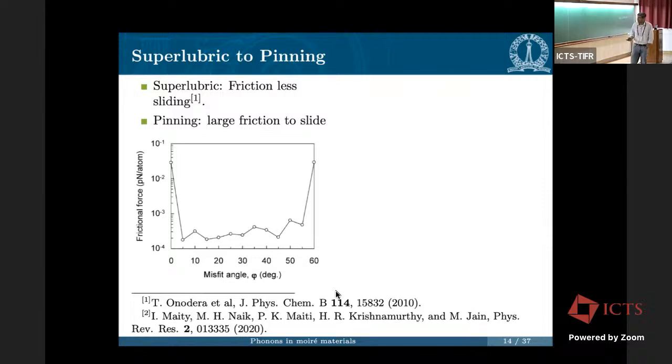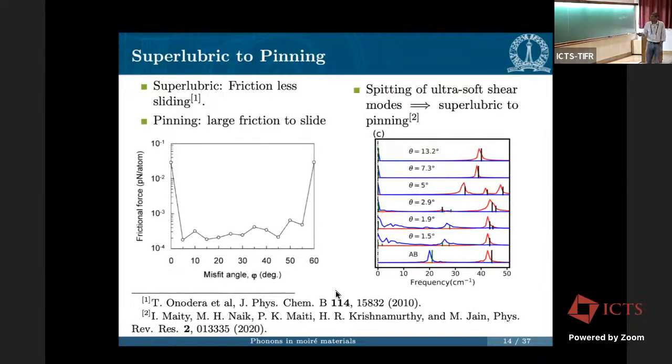So we think that this is related simply to the fact that once these shear modes start splitting from this phason mode and gap out substantially, going to the full shear mode frequency, that's essentially where you will start seeing this transition from superlubric behavior to a sort of pinning behavior.